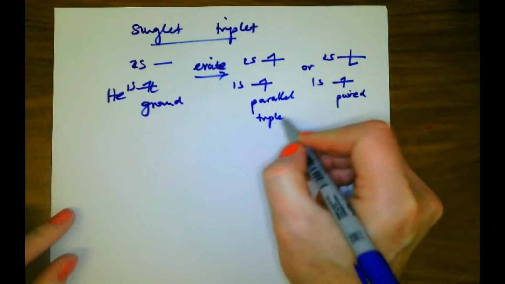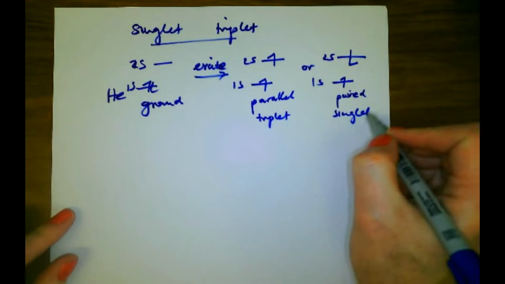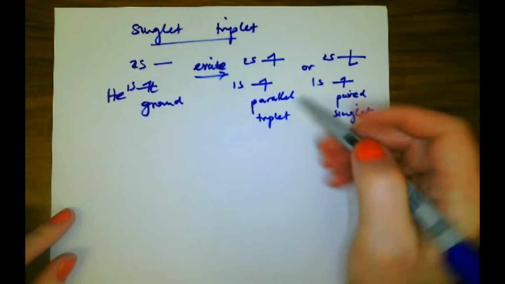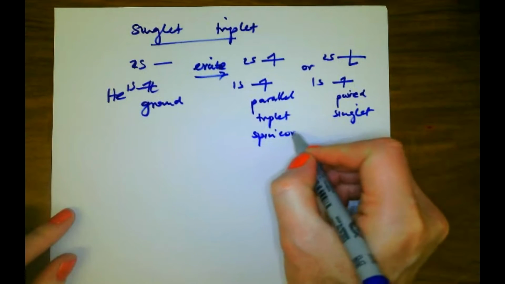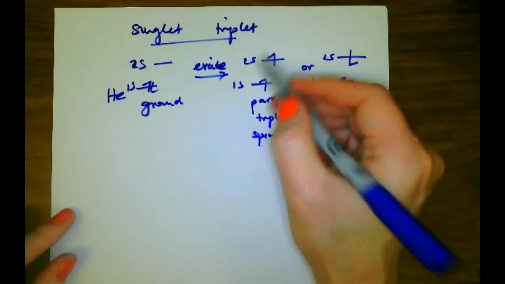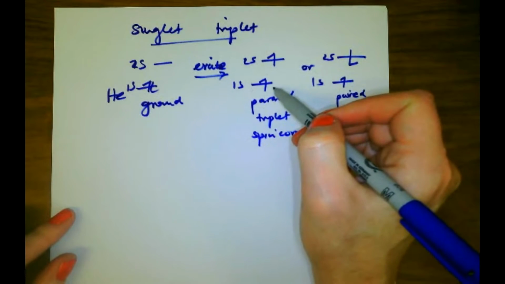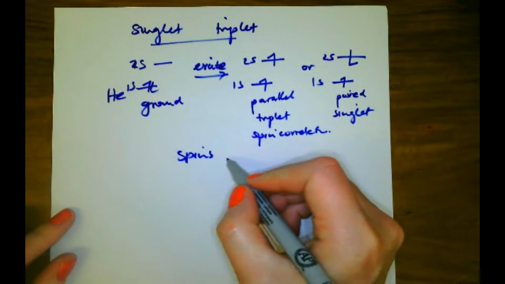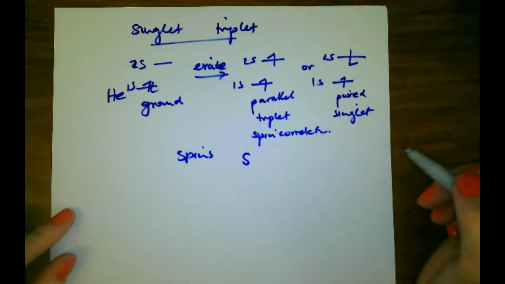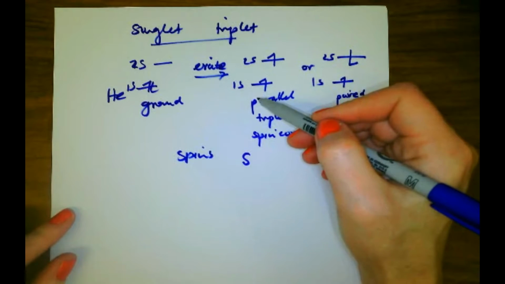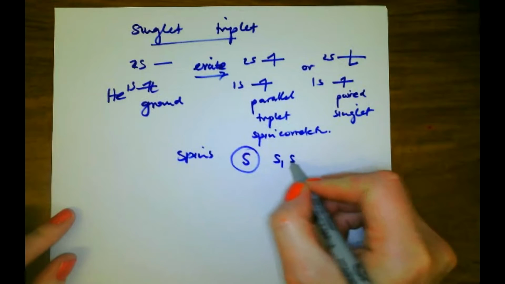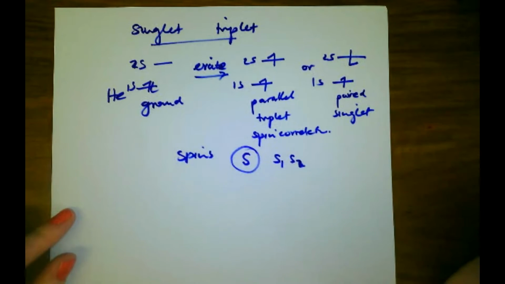This is known as the triplet state, that is known as the singlet state, and we talked about the energies of these. And we said this is as a result of spin correlation. So what we're talking about here are the spins or spin angular momentum of the electrons interacting. So we're just looking at the quantum numbers lowercase s, s1 and s2 of the two electrons.